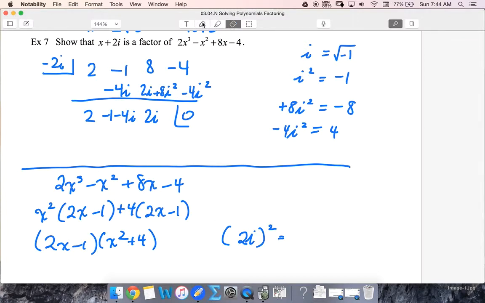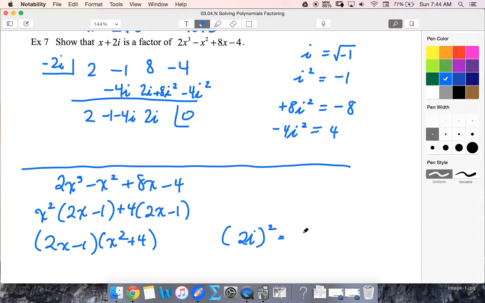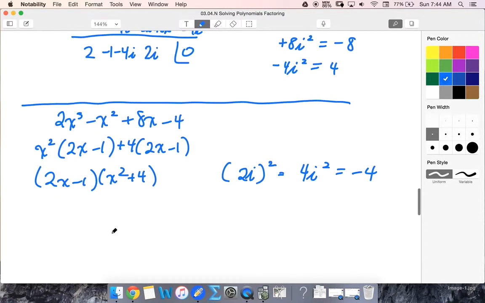So 2i squared would be 4i squared, which would be negative 4, but I want positive 4, so this is the same as x squared minus 2i squared. And now it is a difference of squares, it's just with imaginary terms.